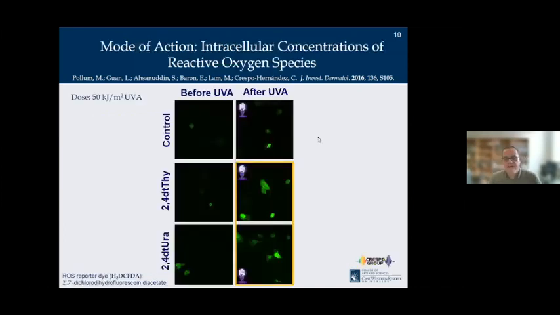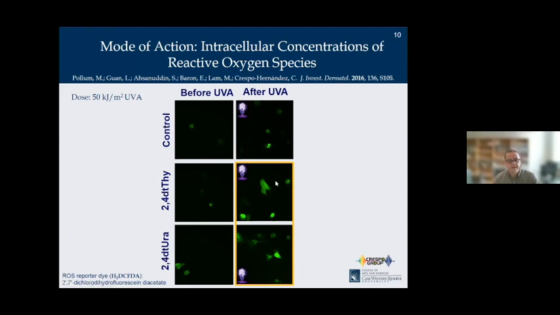We also have tried to understand in more detail the mechanisms, whether this is singlet oxygen generation or reactive oxygen species that are participating, or a combination of phenomena. So we have performed a confocal microscopy experiment using now this dye as a fluorescent reporter of reactive oxygen species.